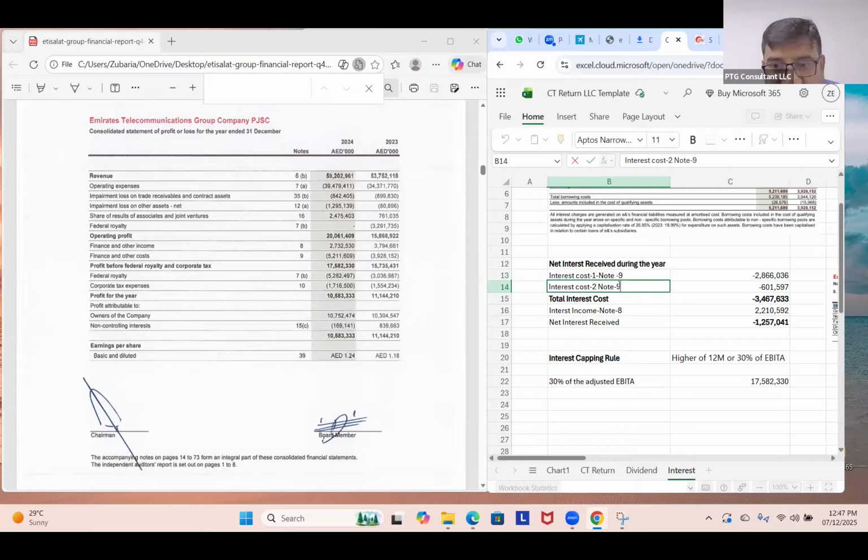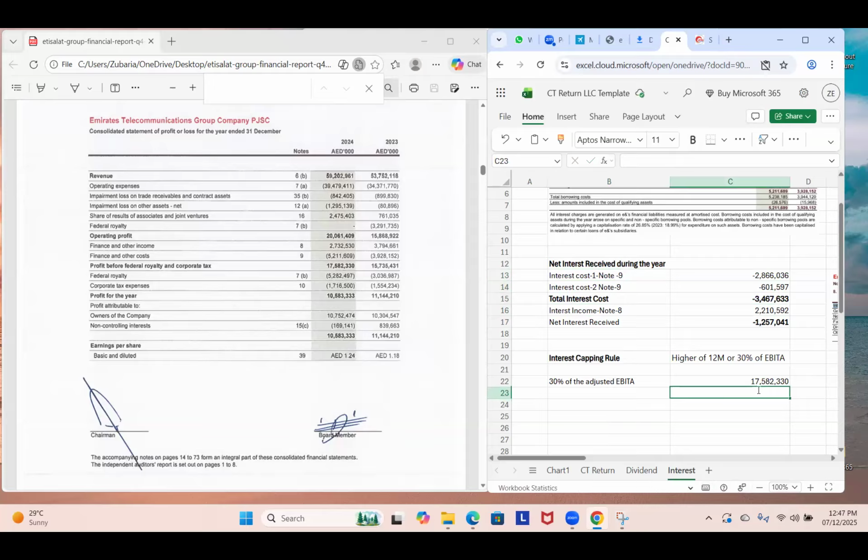Because that cost is already minus, we have to add back. So now we will add back this, and this is a deduction, so we minus this interest income.